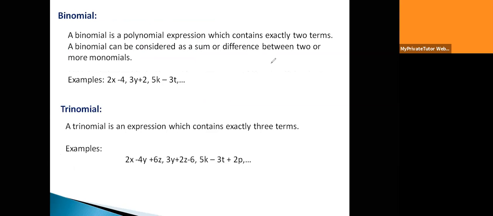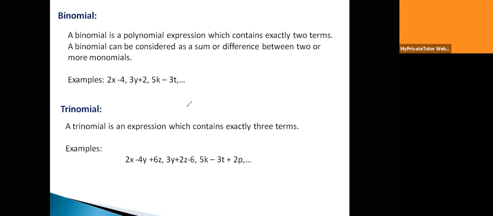Okay. So polynomial types based on terms. What is the first one? Monomial, which contains only one term, and the binomial, which is two terms. Welcome, Mohammed. Okay, so then the third one is trinomial.